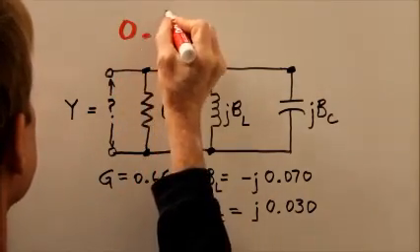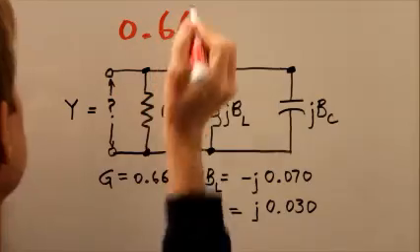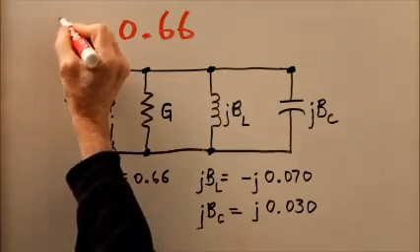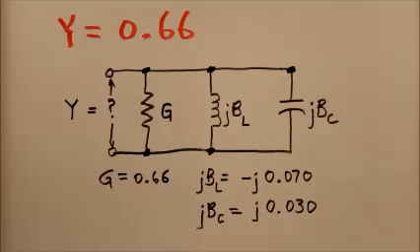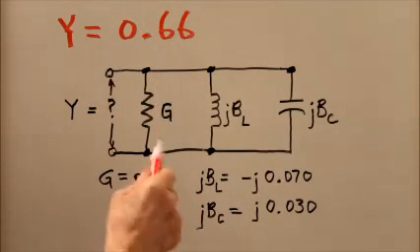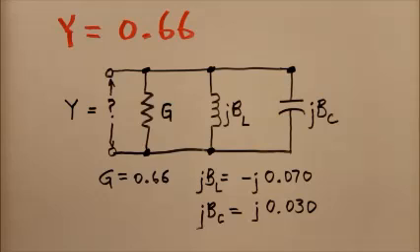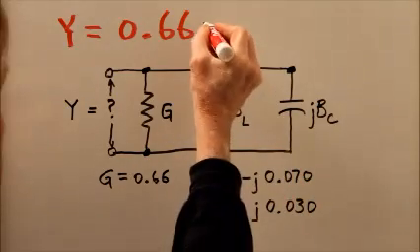0.66 is the conductive part of the admittance. As for the imaginary part, rather the conductive part, the real number part of the admittance is 0.66. The imaginary part, again, we simply add these two and we get minus J 0.040 as the sum of those two.